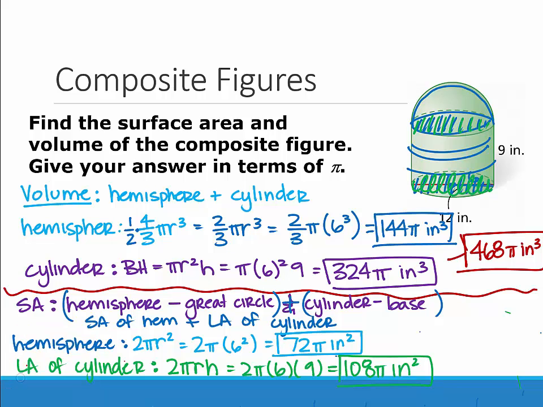If we add 72 and 108, we end up with a nice pretty 180 pi inches squared. So my surface area is 180 pi inches squared, and my volume is 468 pi inches cubed.